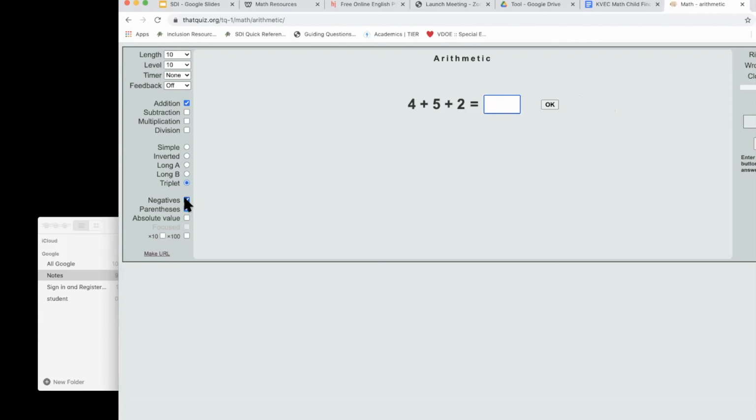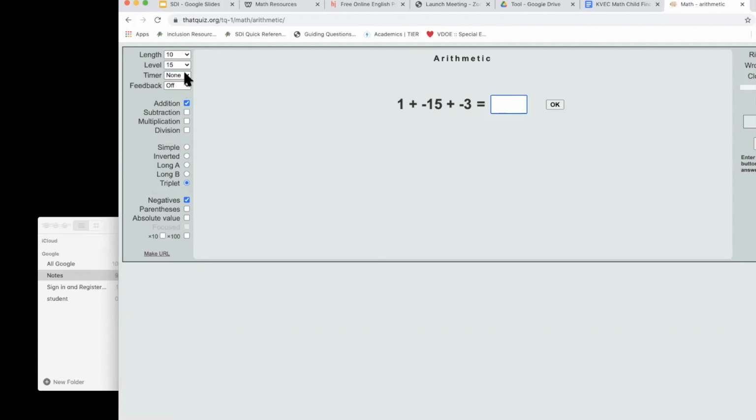I can add negatives at some point. I can add parentheses if I want to. This is just with negatives. So we can see how we can do multiples. Now, they've got lengths on here, but keep it within 10. You can change the level. It can be extremely simple. It can be extremely complex.